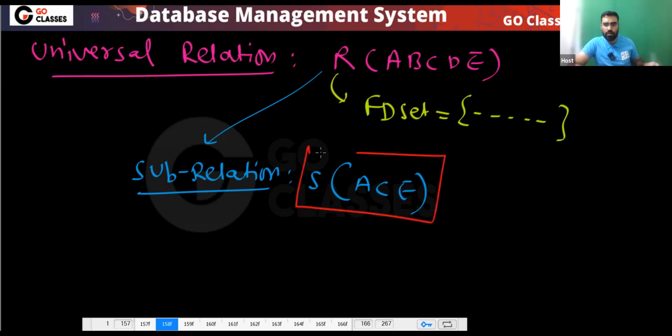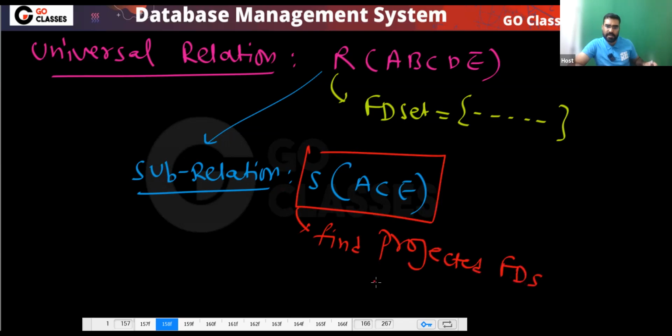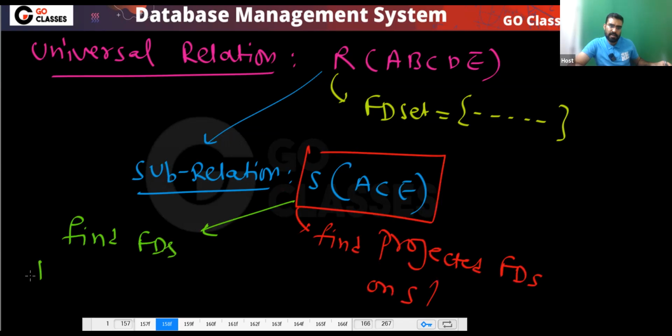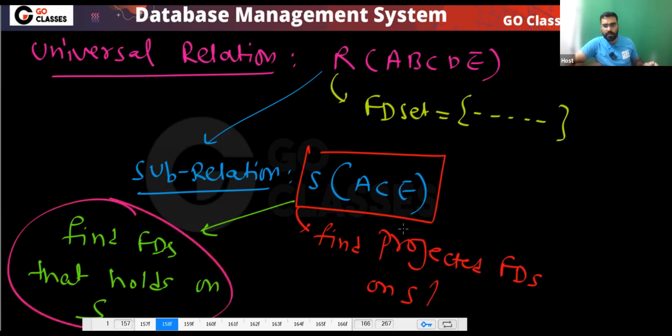You find projected FDs on S. Or I can say, find FDs that hold on S. This we have done, if you remember. Find all the FDs that hold on the attributes of S. Those FDs we have to find.